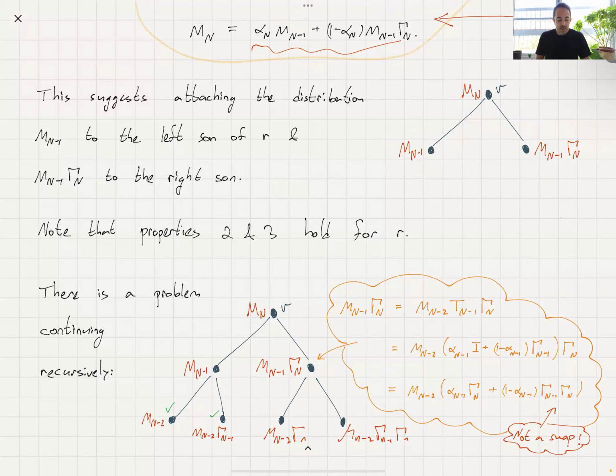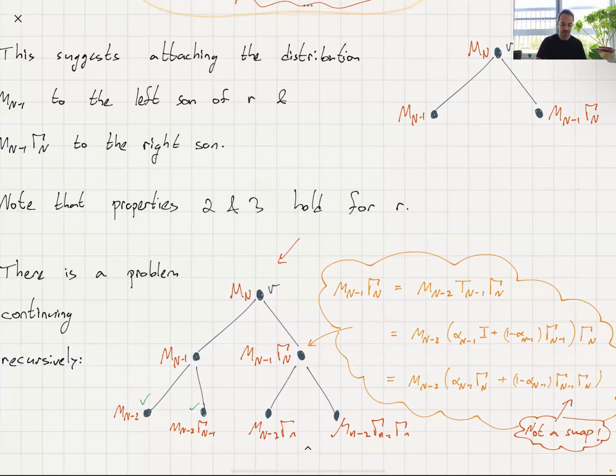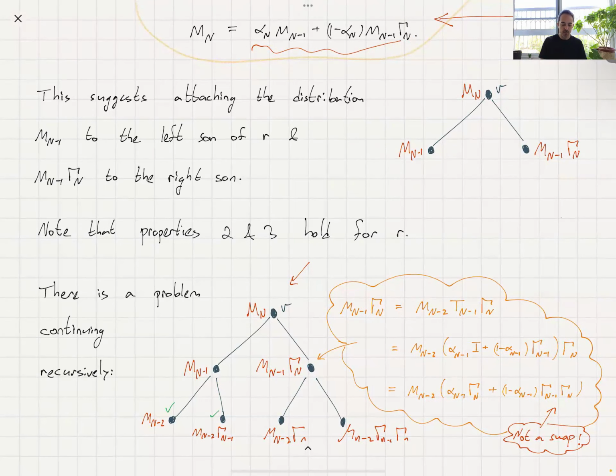Okay. So let's say we want to continue, right? So here is a second level of the tree. So if you look at m n minus 1, actually there is no problem. You can do the same thing.